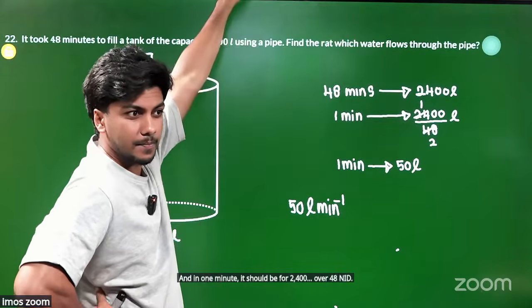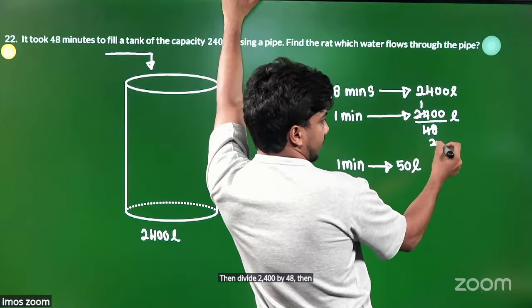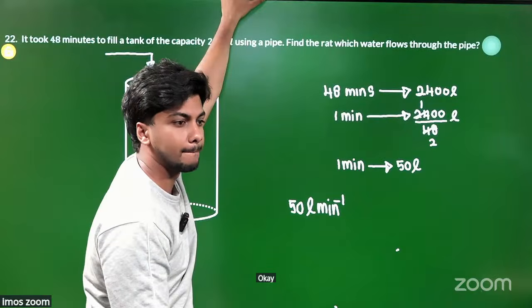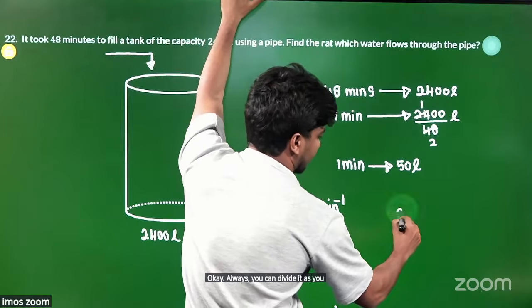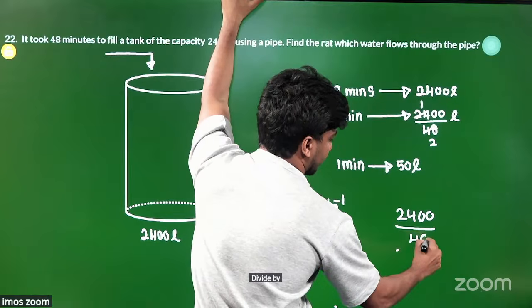Then divide 2,400 by 48. Or else you can divide as you like.